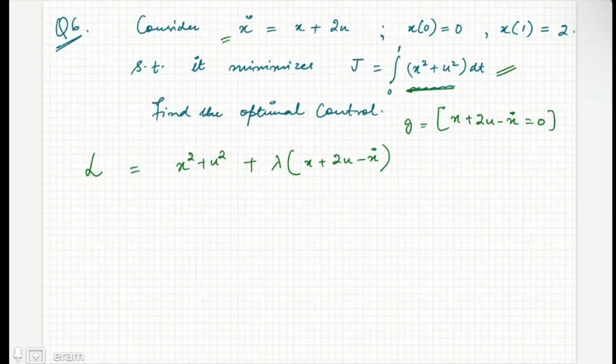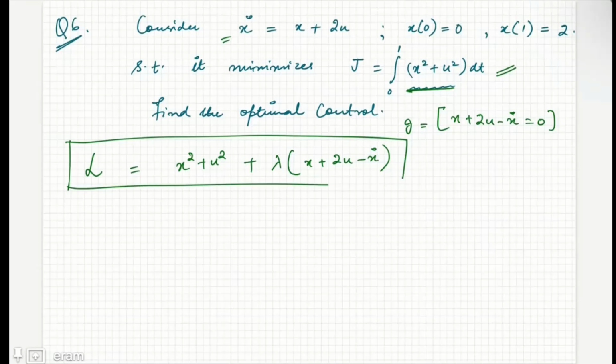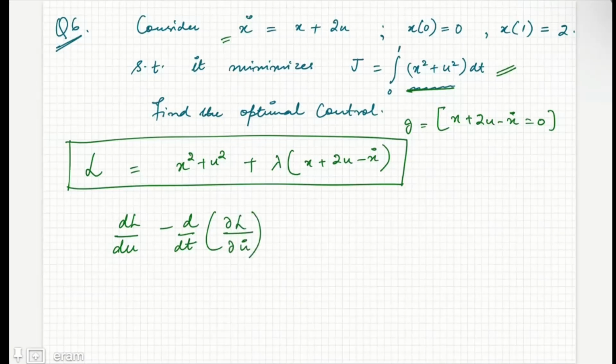Now since we need to find the optimal control, we can easily calculate it using the Euler equation. So we need to minimize this Lagrangian with respect to control, and we will solve the Euler equation with respect to control only.